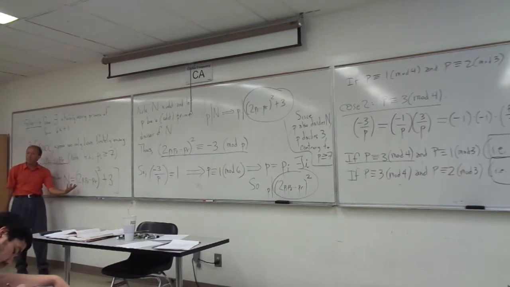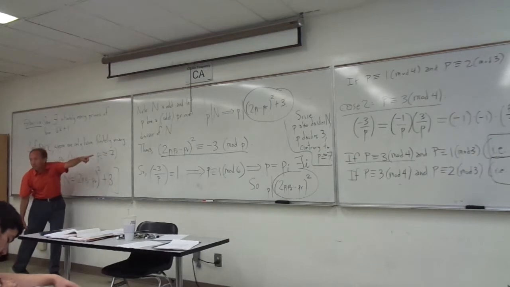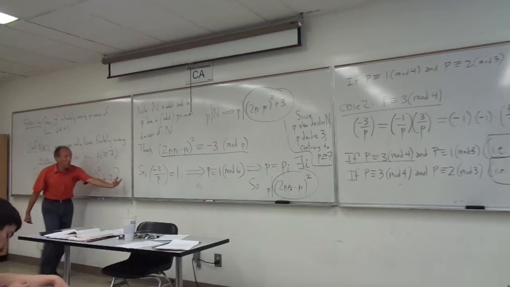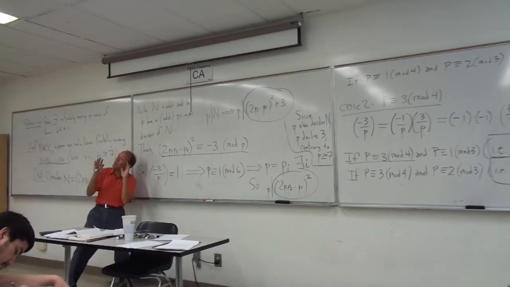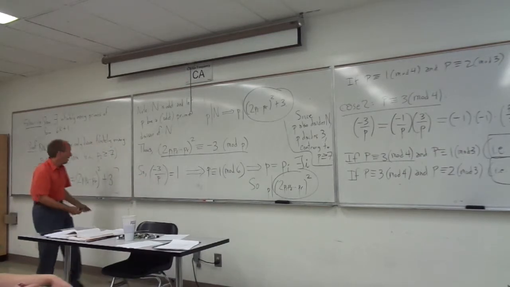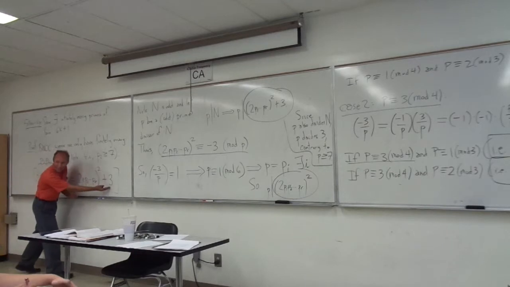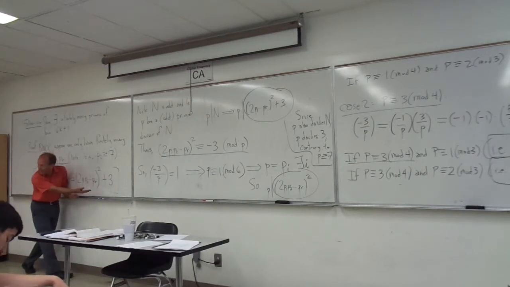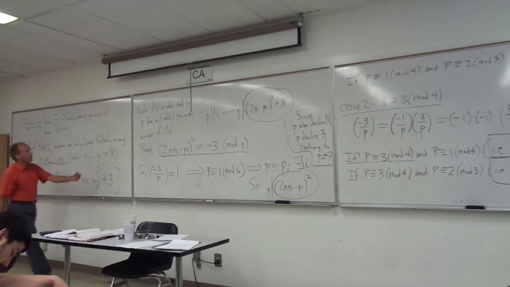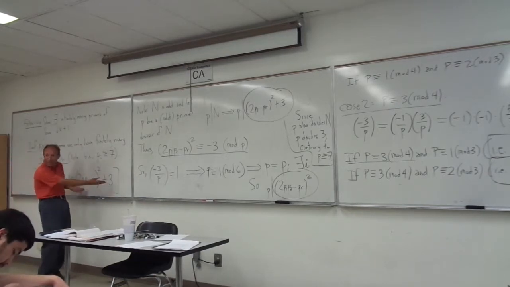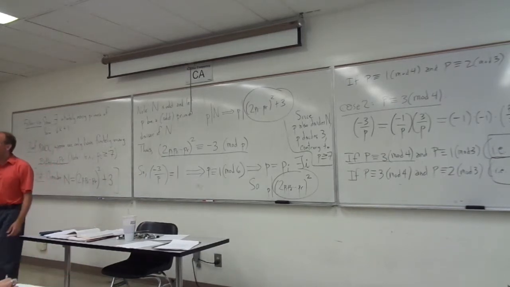This hint was put here because they wanted -3 to come out as a perfect square, because they wanted you to get a 1 right here. So how do you make -3 come out to a perfect square? Well, you set capital N equal to this expression, and then in the modulus of any divisor of this number, -3 becomes a perfect square.